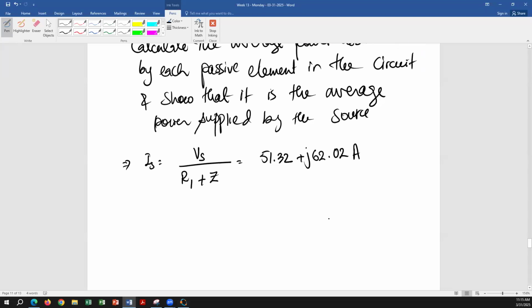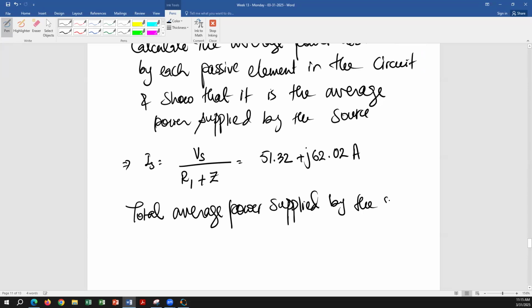So we can first calculate the total average active power supplied by the source. P source is the magnitude of V source times the magnitude of source current.